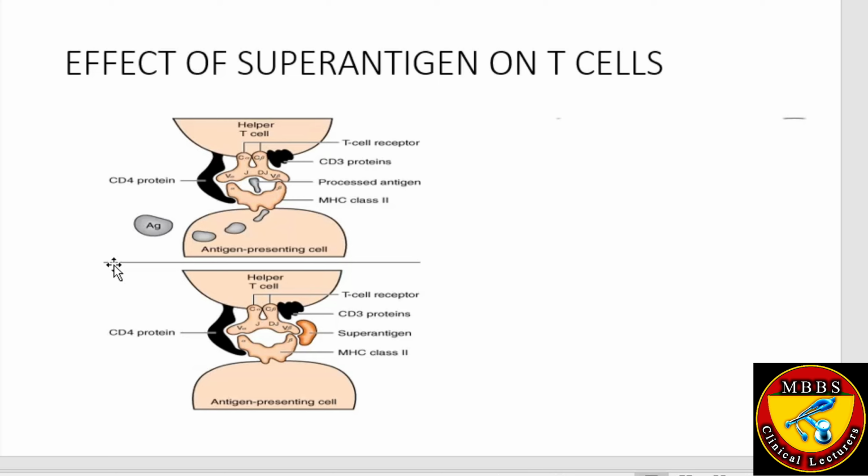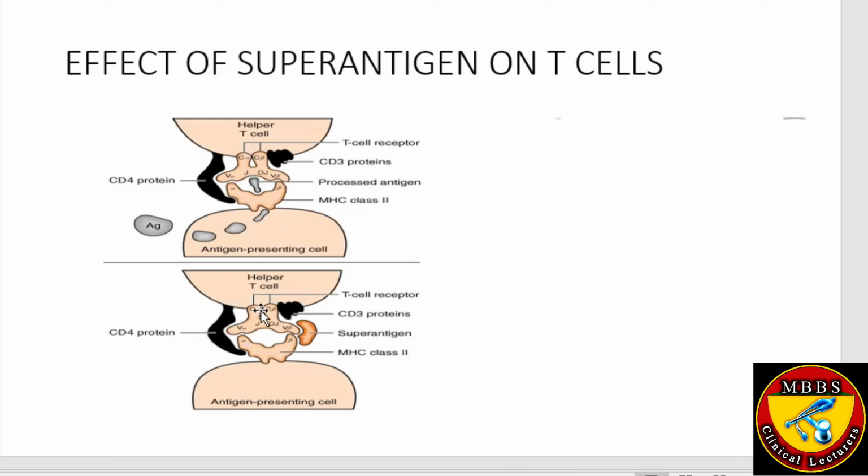In the top of the picture we can see that the helper T cell is activated by the presentation of processed antigen in association with the class 2 MHC protein. So this is an antigen and this is the class 2 MHC protein, and this complex is attached to the T cell receptor and activates the helper T cell as we discussed earlier.